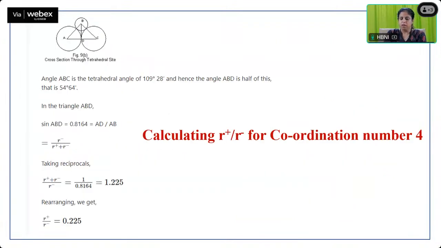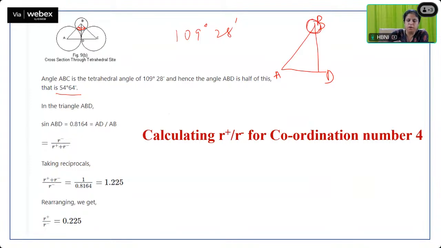All right. For coordination number 4, again we have to apply a similar concept, but here in this case, this angle is the tetrahedral angle, which we know is 109.5 degrees, or 109 degrees 28 minutes to be precise. Angle ABD would be half of this, and in this triangle ABD, B is actually the cation that is sitting in the tetrahedral hole.